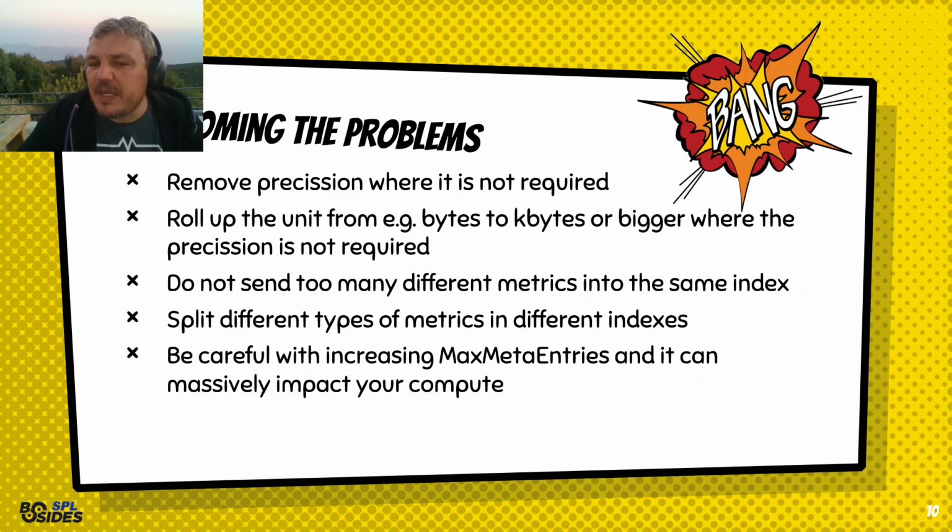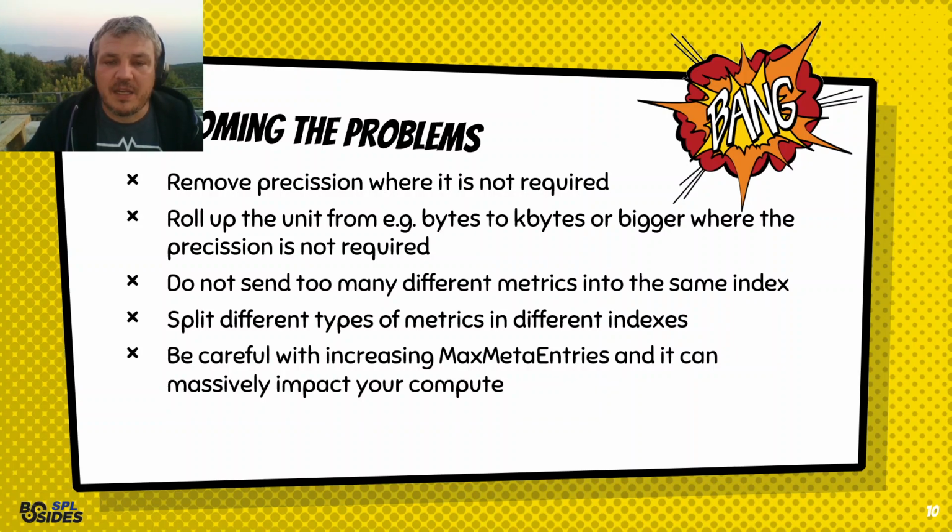I tested a bit with increasing max meta entries, and I just put that out as a disclaimer right now. Don't play around with max meta entries unless you really know what you're doing. It is possible to do that by index, that's fine, but if you do it on your prod, I increased max meta entries from 1 million to 10 million, and it had a significant impact on CPU and memory.